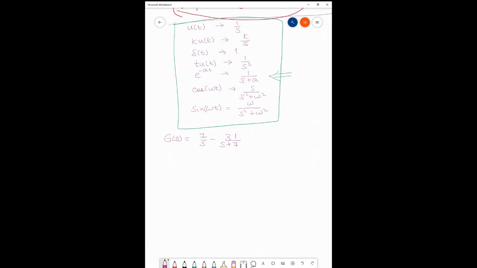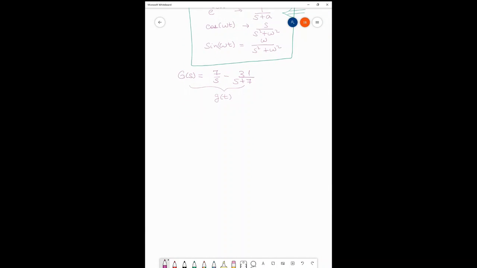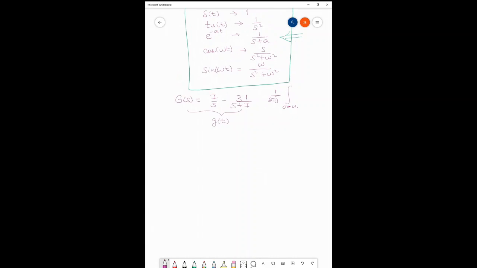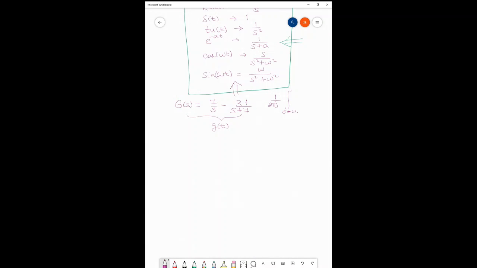If we are asked to convert this function into g(t), the time domain, then rather than using the definition, where it says 1 over 2j and integrating from sigma minus omega naught to sigma plus omega naught, we would be better off converting it using the functions that we have already been studying.